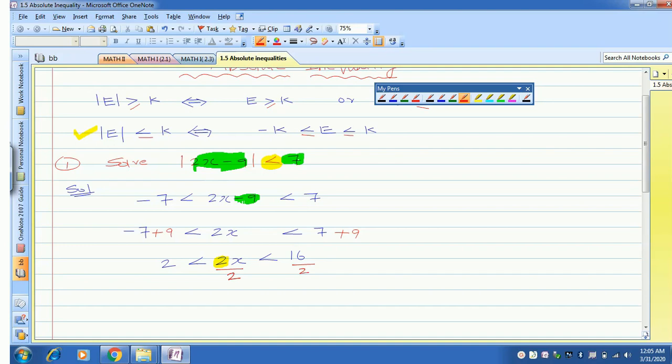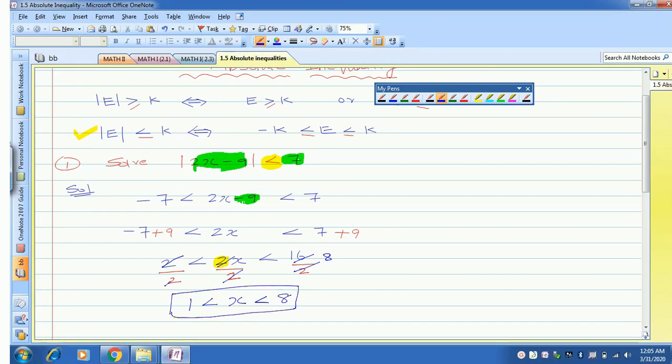There is no change in the inequality because we are dividing by a positive 2. So the final answer upon simplifying, you will get 1 less than x less than 8. So this is the answer. Since in the question it is given solve, you have to keep it here.